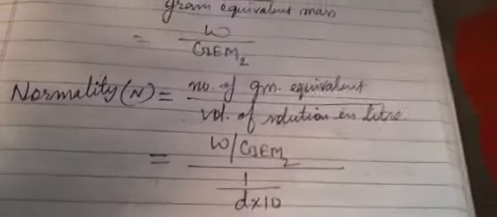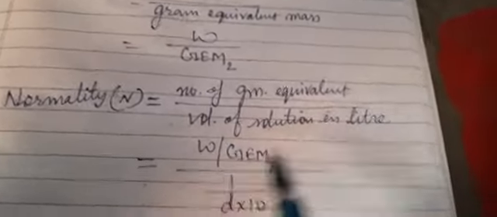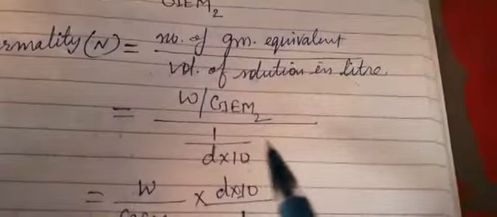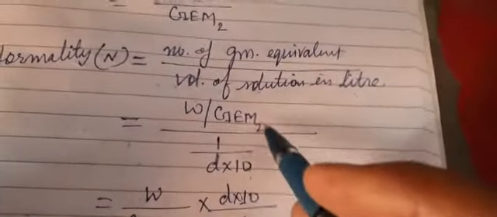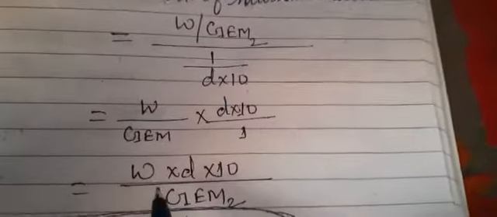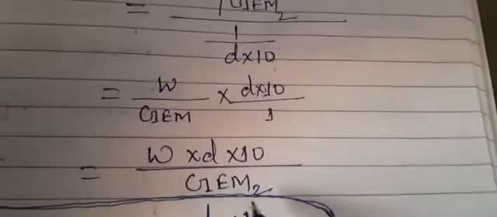So the number of gram equivalents is W by GEM2, and the volume of the solution in liters is 1 by D into 10. Now we have written the values of these two parameters and make the calculation. Finally we get W into D into 10 by GEM2.